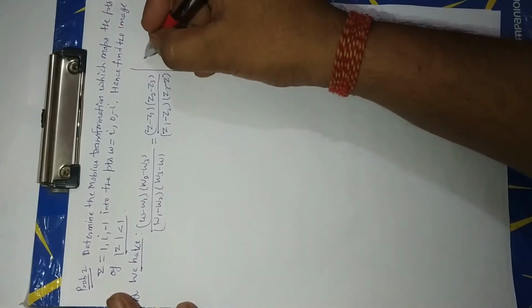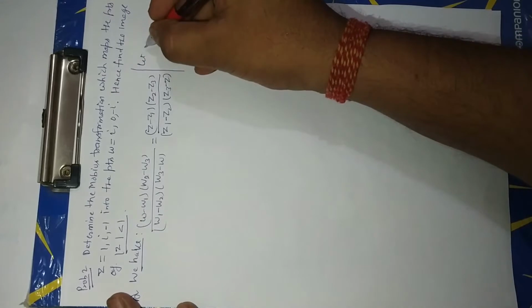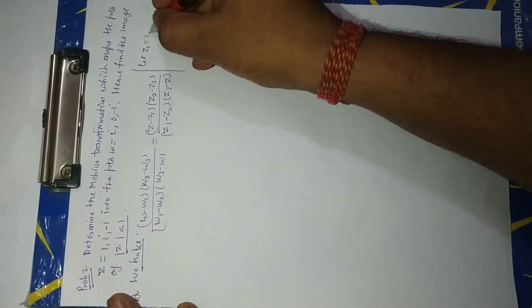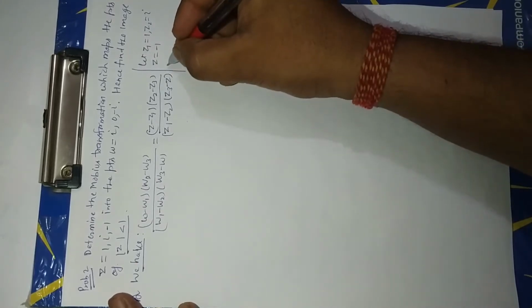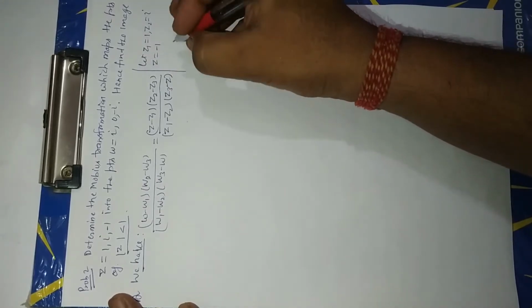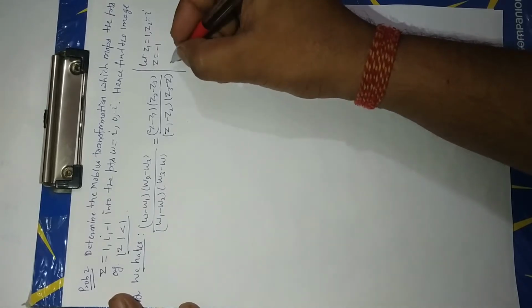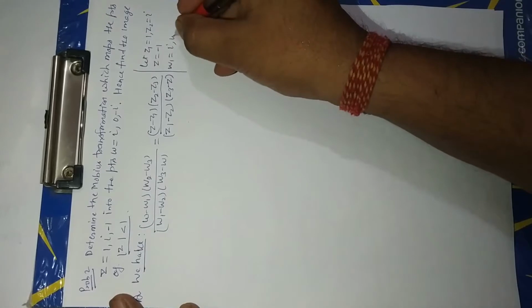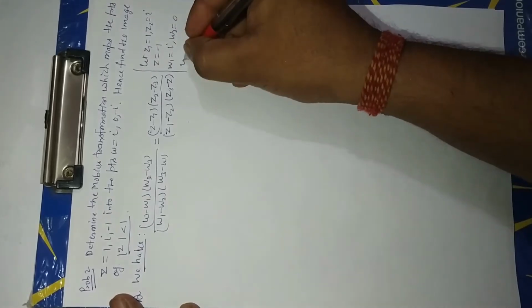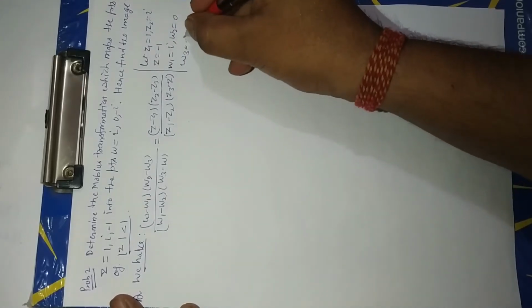Similarly, we let z1 is equal to 1, z2 is equal to i, z3 is equal to minus 1, mapped into points in the w plane. Say w1 is equal to i, w2 is equal to 0, w3 is equal to minus i.